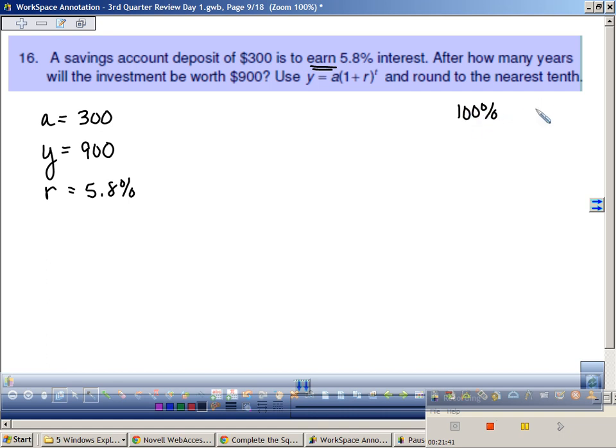How much is 100%? 1. Right? How'd you get from this to this? 2 decimal places. So how am I going to get from 5.8% to a number? Move over 2 decimal places.